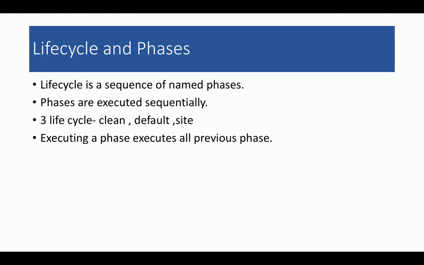Like in Maven install, we have around 23 phases, and install is our last phase. So before running install, there are 22 phases or 22 goals that run. So that's what life cycle is. It's a sequence of named phases.